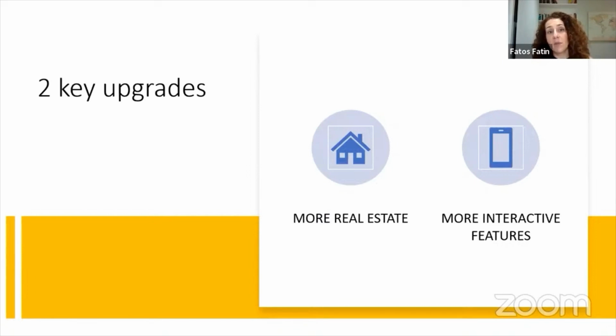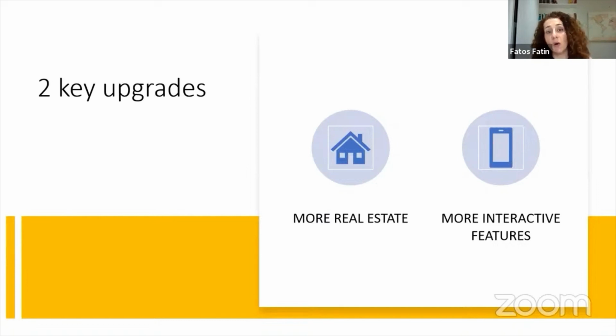But on a higher level, the biggest upgrades with moving from basic to premium A+ content is that you're getting more real estate. There's a lot more space, and there are also a lot more interactive features. So I will show you some live examples of listings just to show you the difference in a moment, but I'll just run through the slides for now.